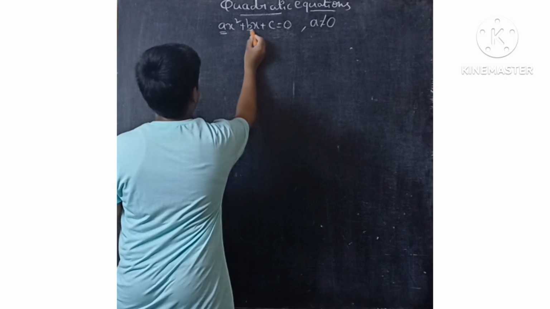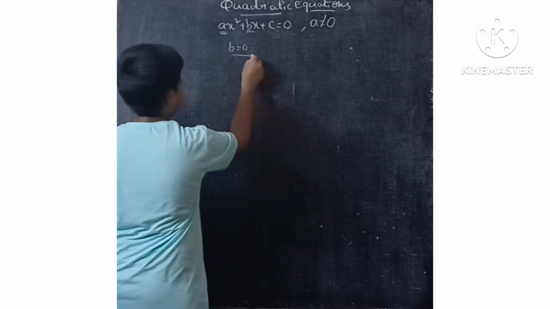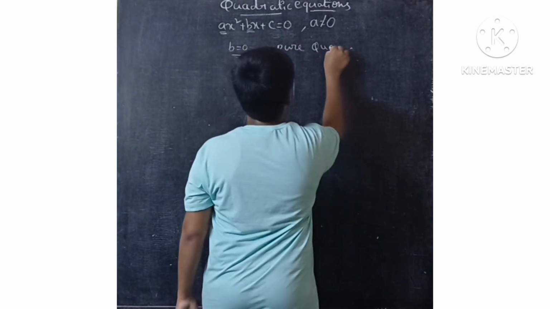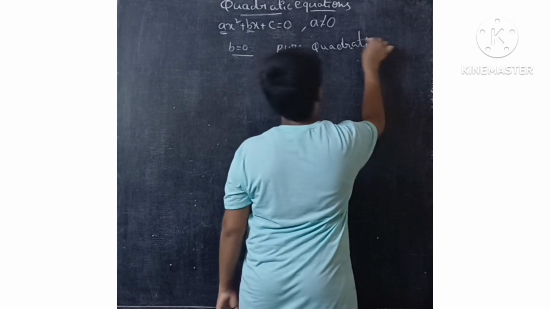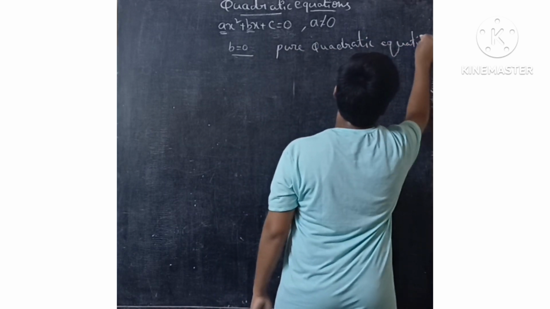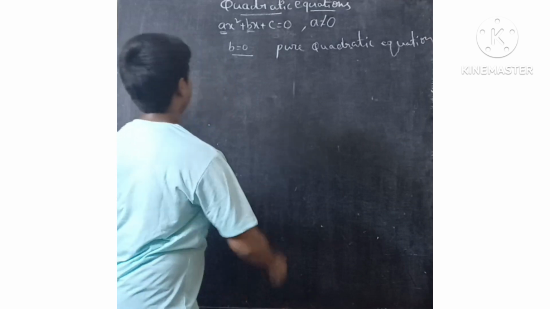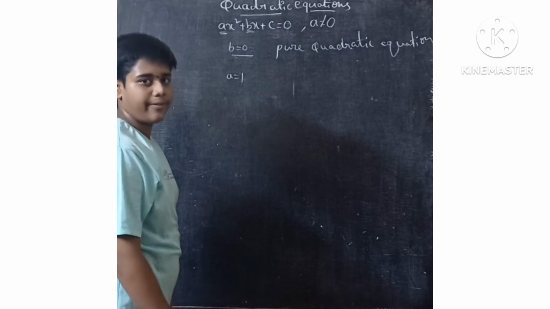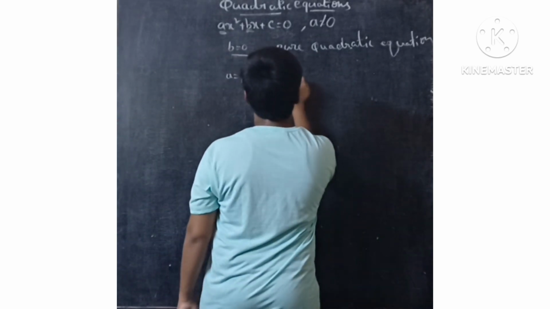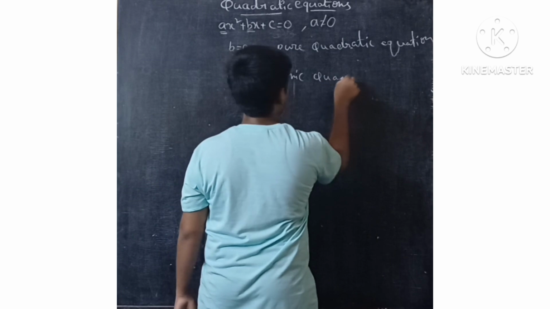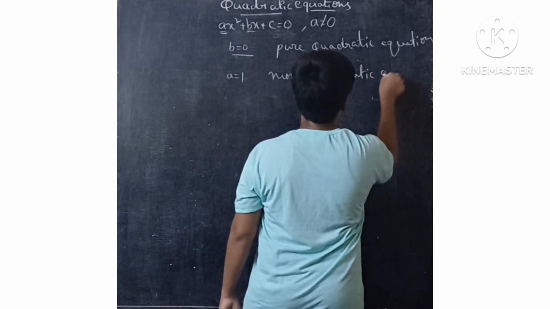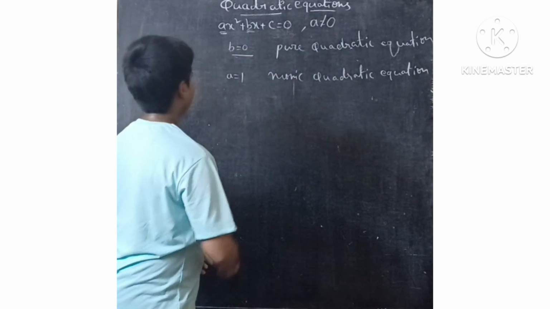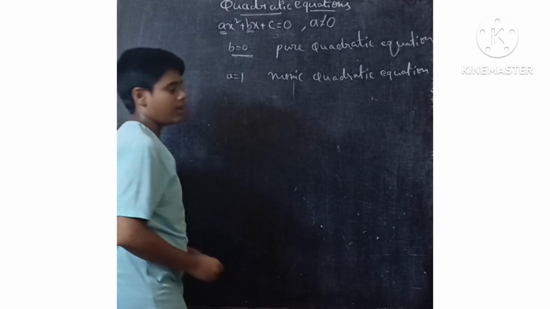And here, if b equals 0, that is known as a pure quadratic equation.